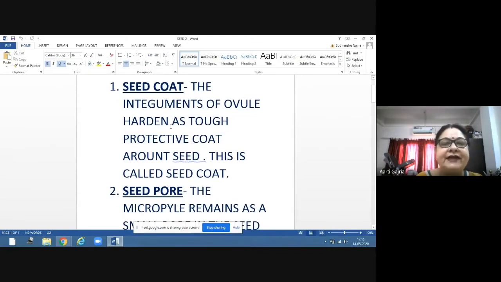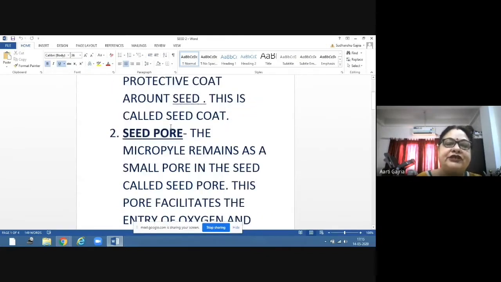The second structure found on the seed is the seed pore. The micropyle remains as a small pore in the seed, and this is called the seed pore.